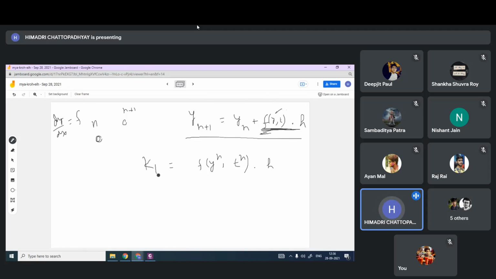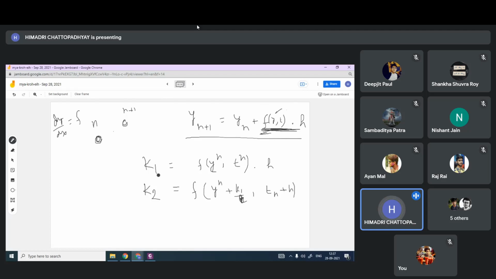So here you evaluate this part once, but you evaluate again. Now, instead of this y, you take yn plus k1 by 2, as if you are evaluating here, and then tn plus h.